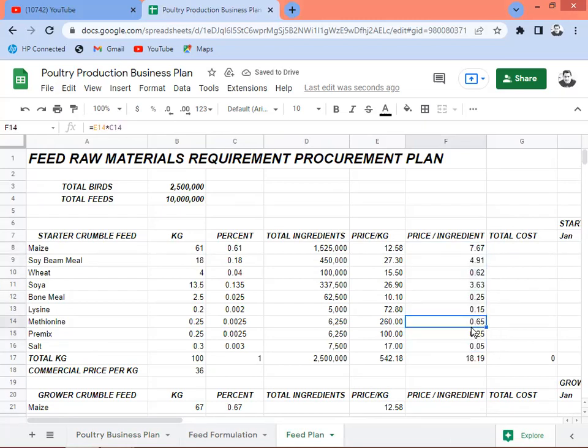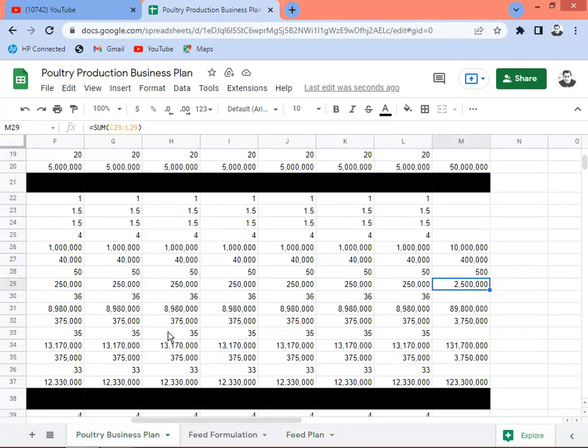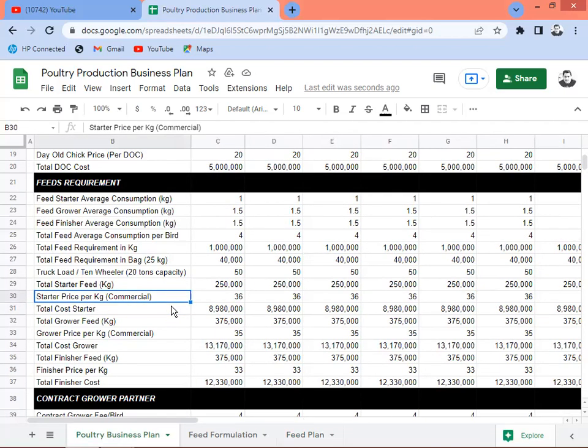For the starter crumble feed, we're going to be spending 18.19, either in pesos or in rupees, for every kilogram that we produce based on our formulation. If you compare it with the commercial price that we used previously in our poultry business plan, see, the commercial starter price per kilogram is 36.